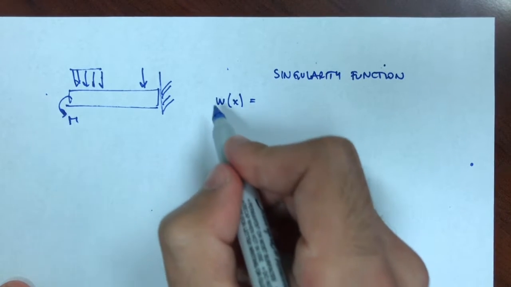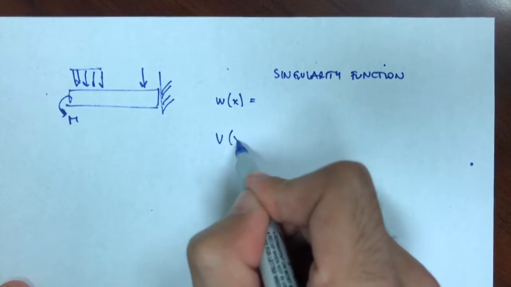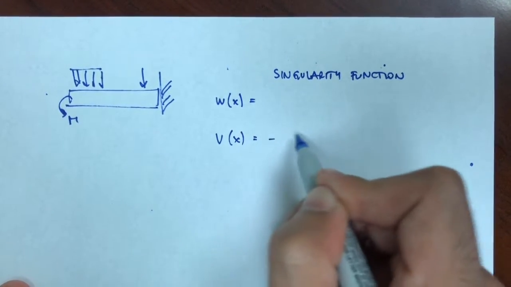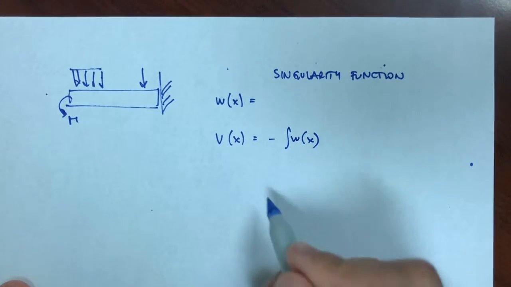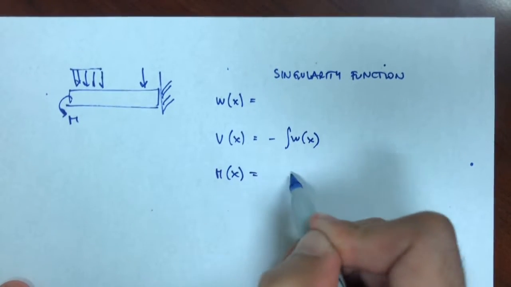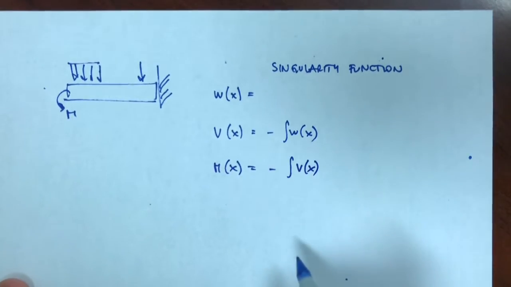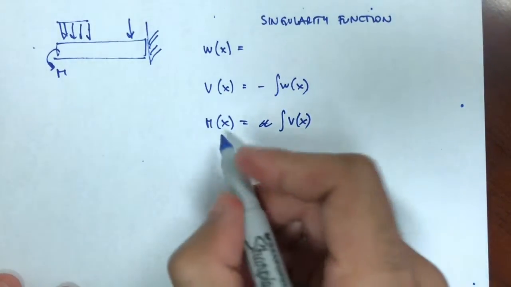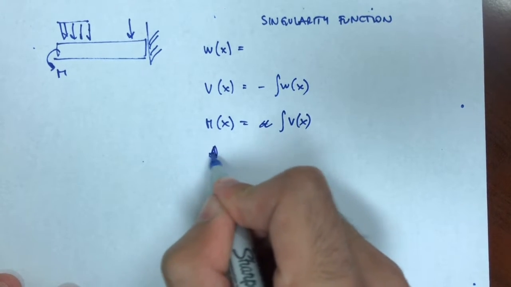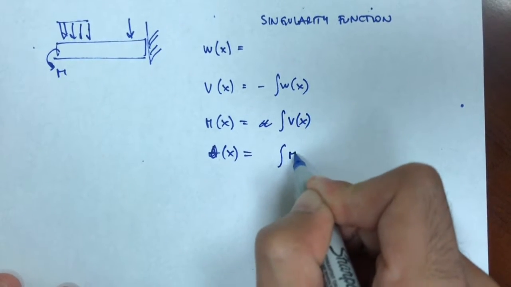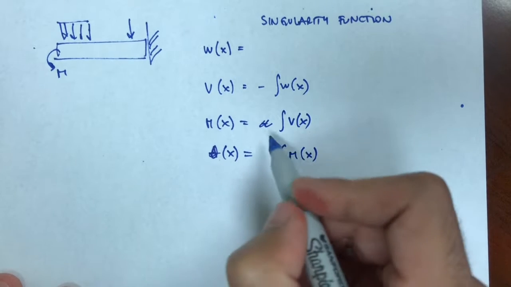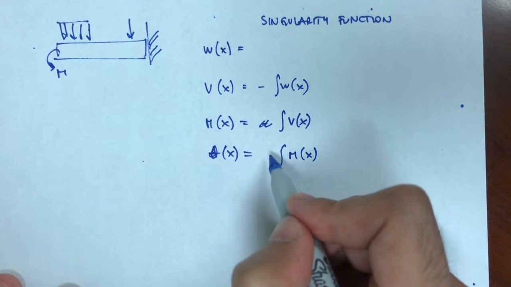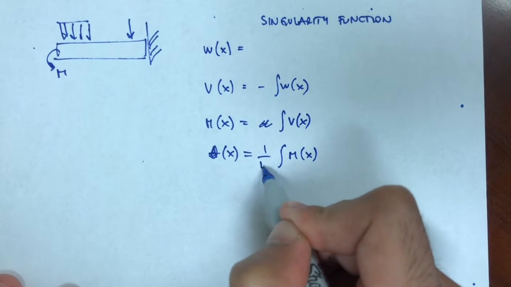I can integrate this once to get V of x, and obviously there's a negative right there, and integrate again to get the moment M of x, and you have the minus here, and then integrate again to get the theta of x, integrating here the 1 over EI.